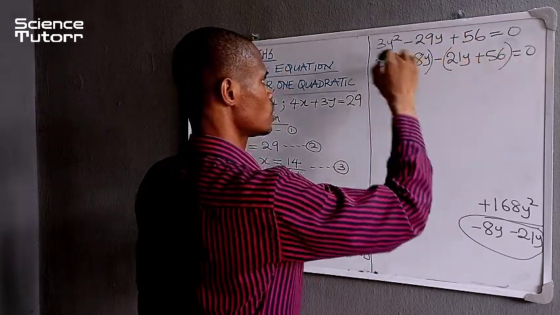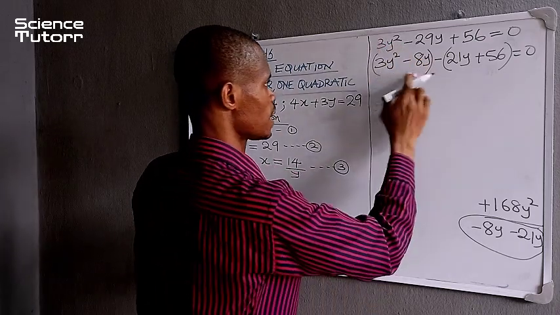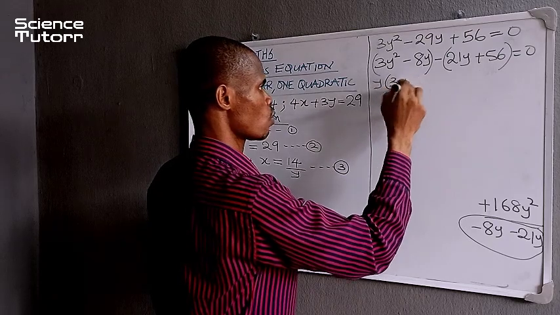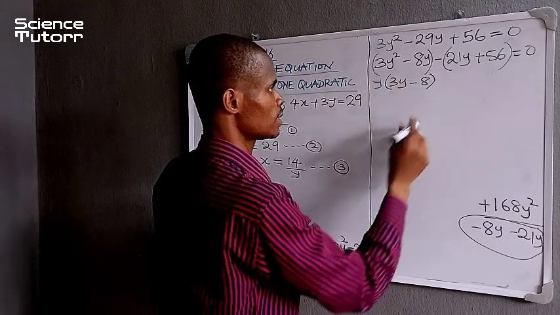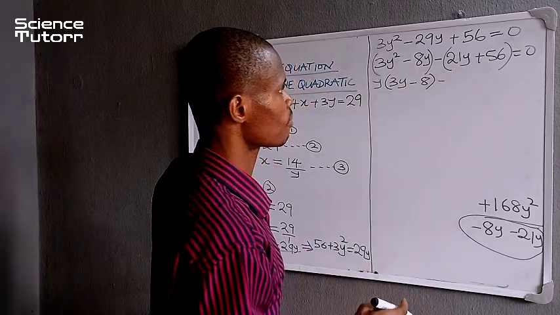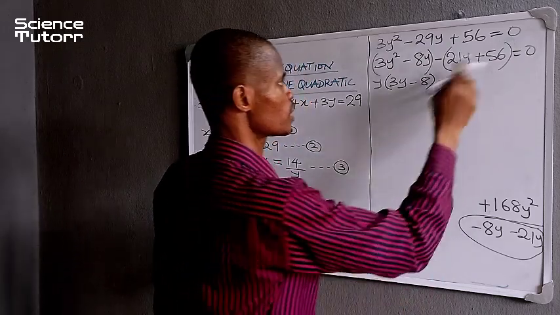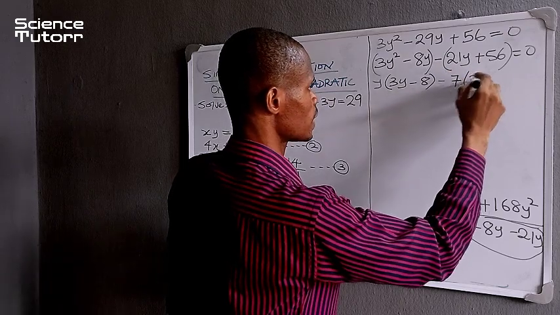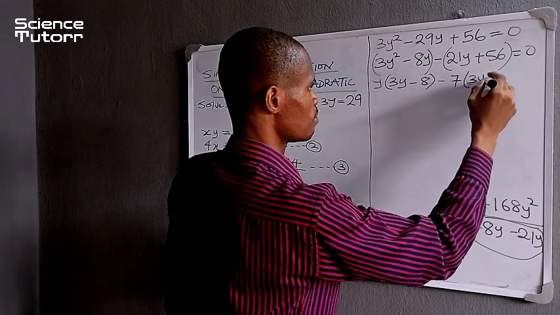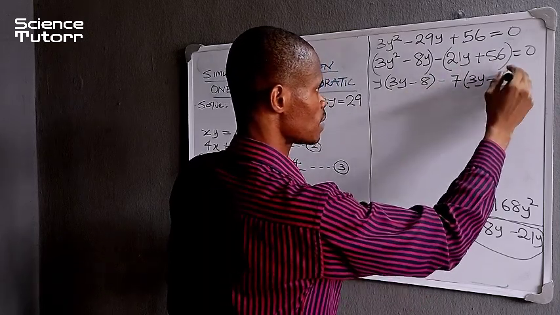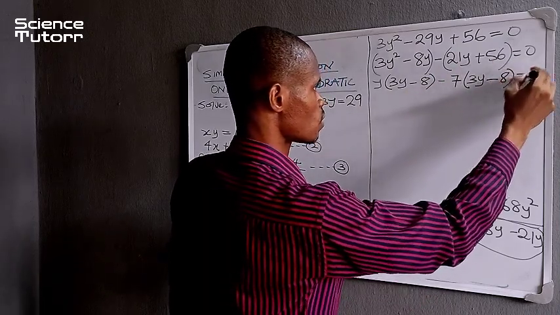Grouping in twos, then collecting like terms. Like terms here we have y into 3y minus 8, minus, like terms here we have 7 can go, so 7 into 21 is 3y minus, because minus times minus is a plus, 7 times 8 will give us 56 equals 0.